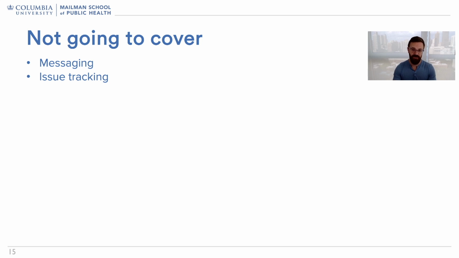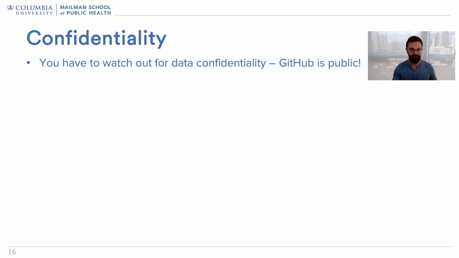Issue tracking, it turns out, is a really useful way to collaborate, to say, this thing needs to get fixed. You can submit issues, other people can read those issues, and there can be an ongoing dialogue in public so that everybody is available to understand and recognize what that process looks like. We're not going to spend a lot of time talking about much of that either. Again, we're really going to try to focus on getting used to Git repositories, committing, and then interacting with GitHub.